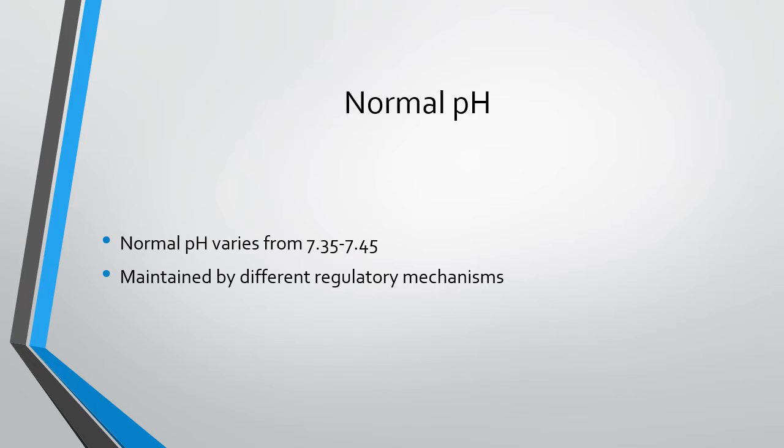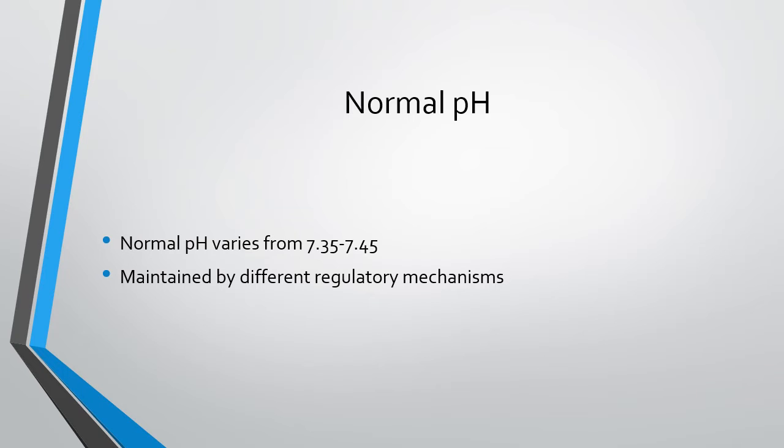So, what is the normal pH in the body? As I mentioned, the normal pH is strictly regulated around a narrow range of 7.35 to 7.45. What can you infer from this value? It is slightly alkaline. So how do we calculate this pH?